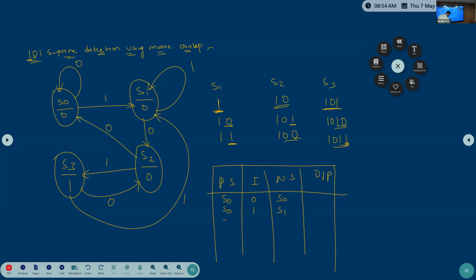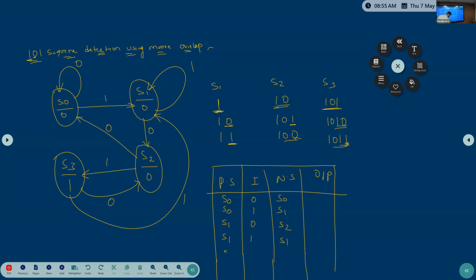S1. So S1 also has two cases, 0 and 1. If S1 is 0, then I need to go to the S2. If S1 is 1, I need to go to the S1 only.